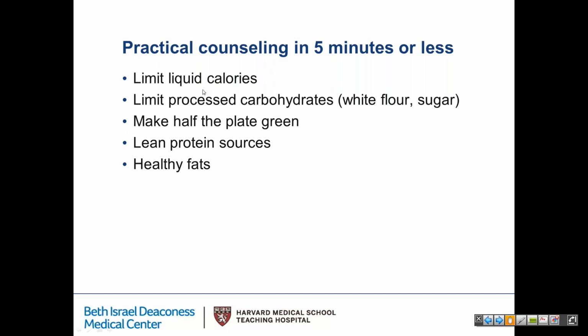I think a lot of folks still feel that juice is an important source of nutrients, and it really isn't most of the time. And all of those are sort of easy, quickly processed carbohydrates, anything liquid.